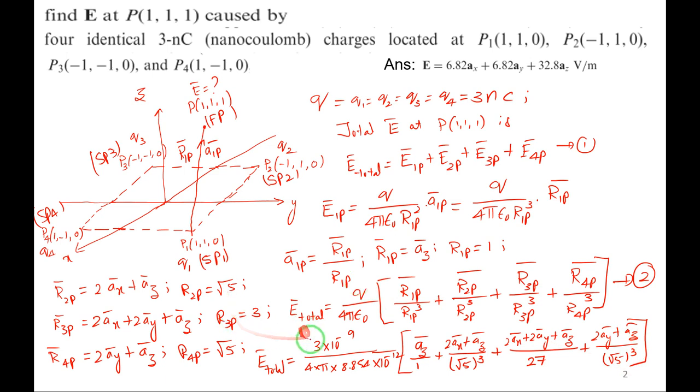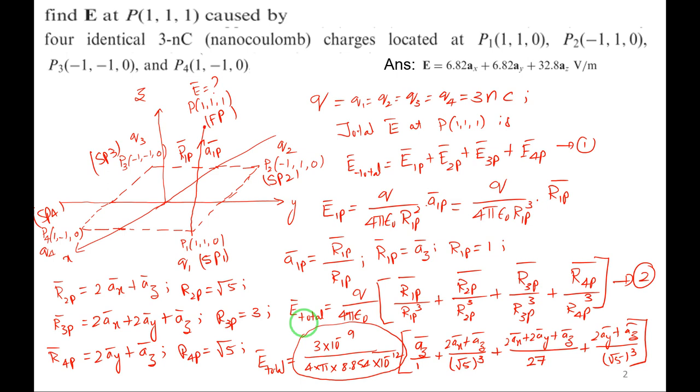First I will calculate only this part, and I will write in the next page what I get. Okay, I am calculating. I hope you are also calculating parallelly with me. 3 exponential minus 9 divided by 4 into pi into 8.854 exponential minus 12.